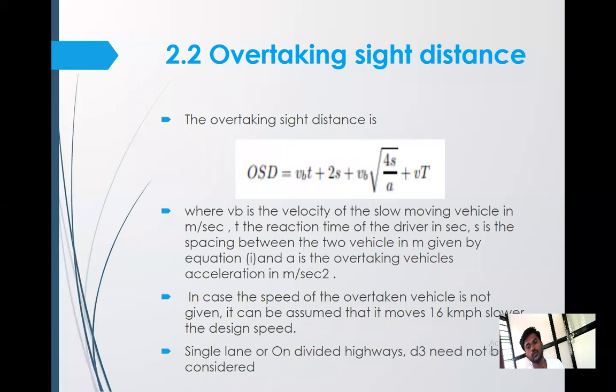Capital V is equal to the velocity of the fast moving vehicle. Below that, write down note.